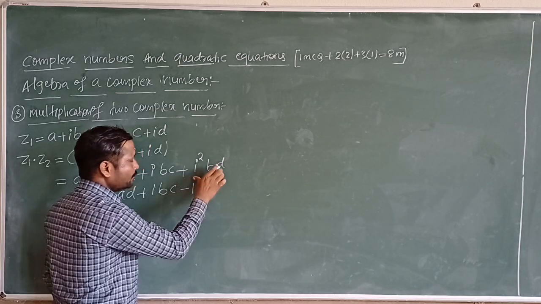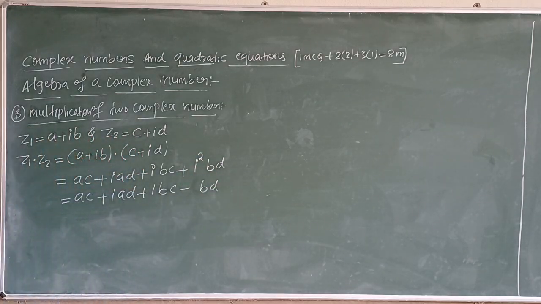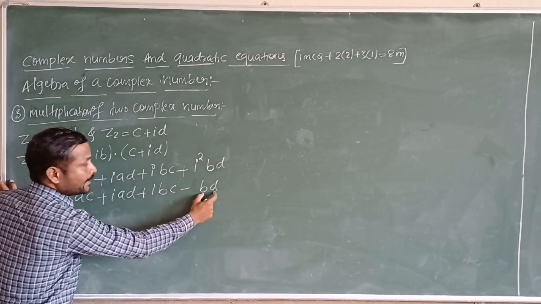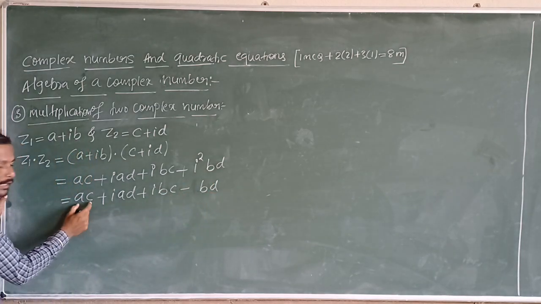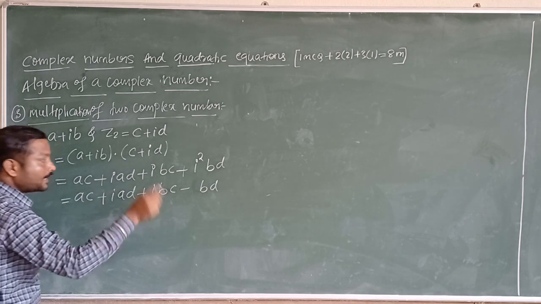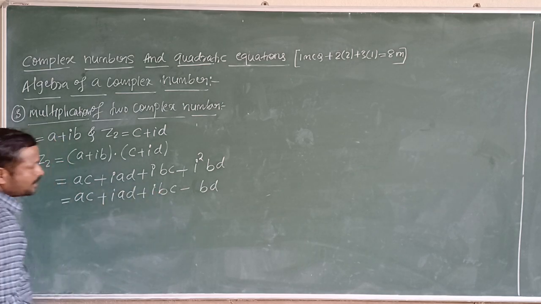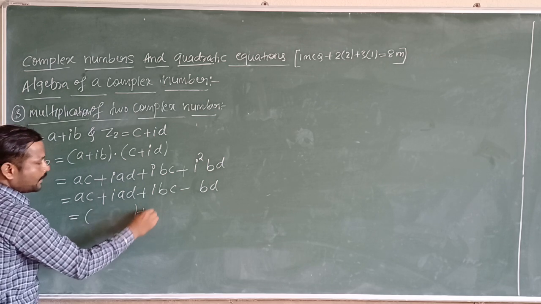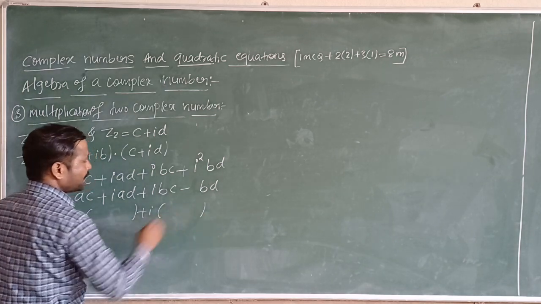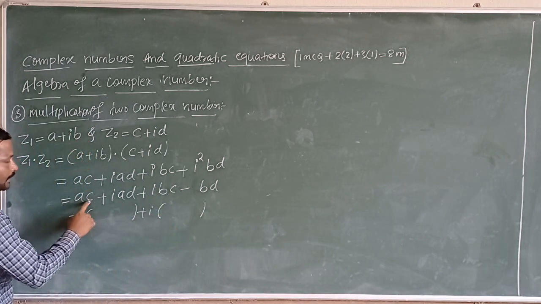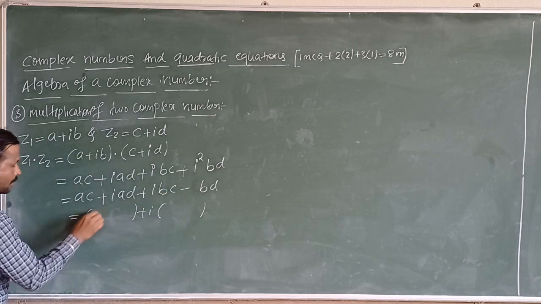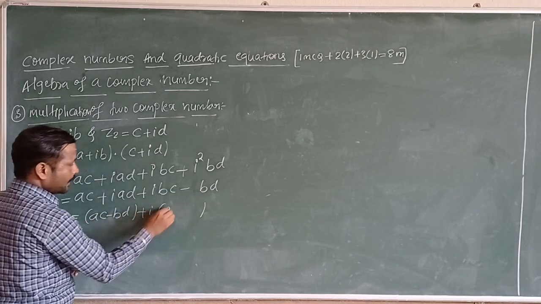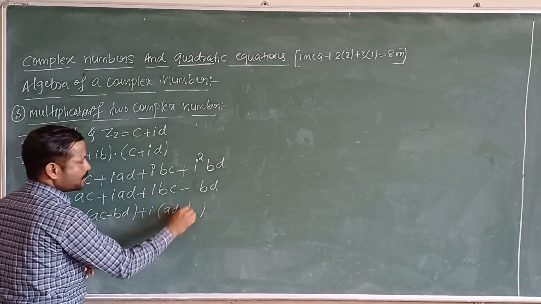Now minus 1 into bd came, clear. Okay, see what happened here: bd is converted into a real part, ac is also a real part, and the others have imaginary parts. Take here the real part separately plus the imaginary part separately. What is the real part? ac minus bd. The imaginary part is ad plus bc.